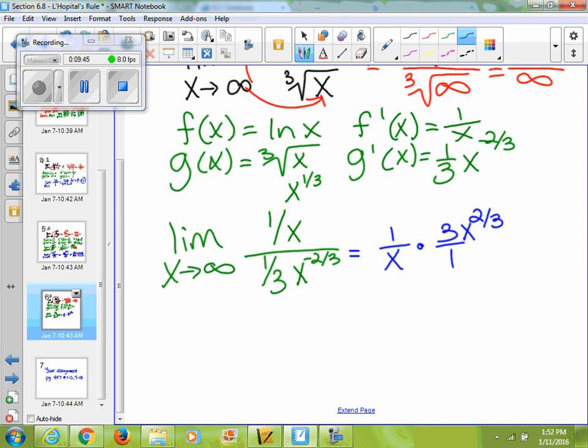If I move my x to the top to make it positive and flip this fraction, I get 1 over x times 3 over 1 x to the 2/3. If I multiply straight across, I get 3 x to the 2/3 divided by x. And if I simplify this, x to the 2/3 divided by x, it's like x to the 2/3 minus 1, which is negative 1/3. So this becomes 3 over the cube root of x.